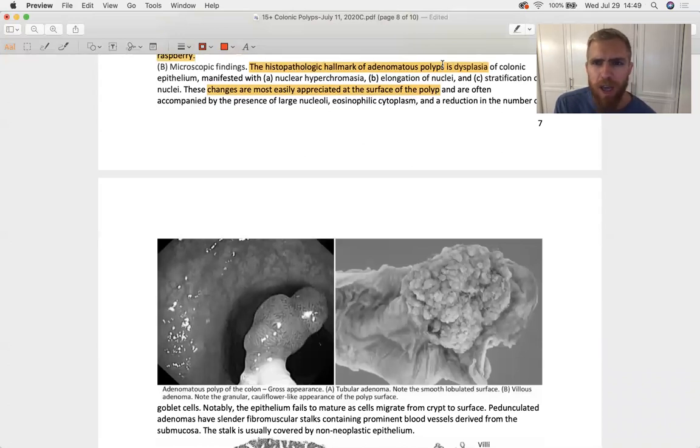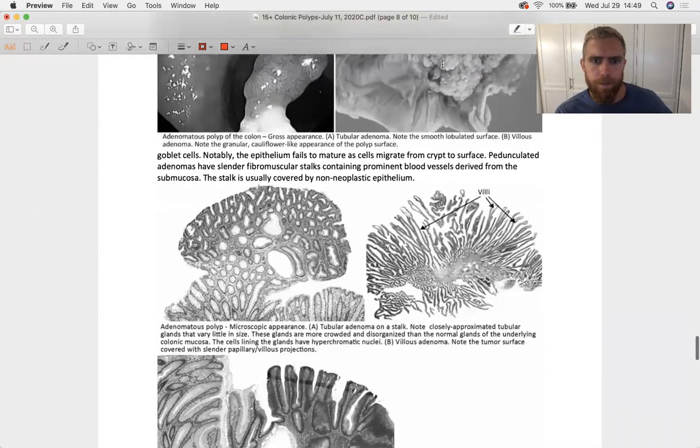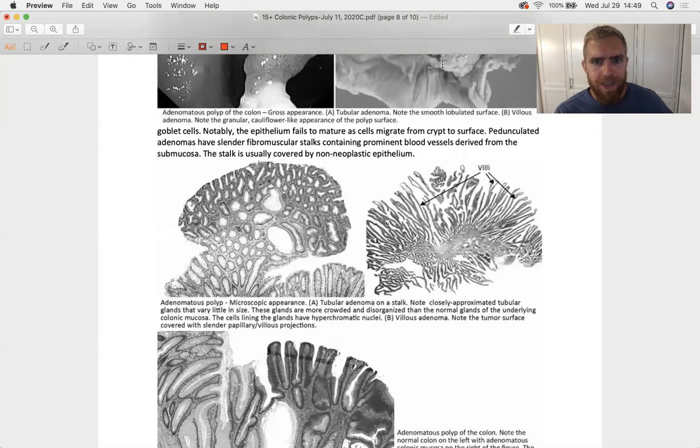Elongation of nuclei, mitotic figures also. So that's what we mean by dysplasia.